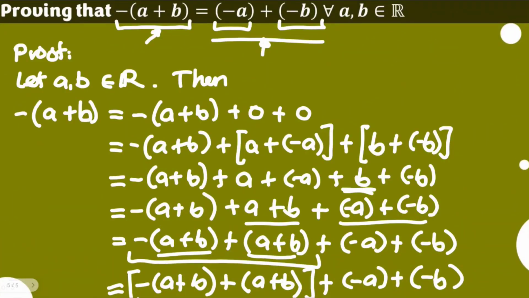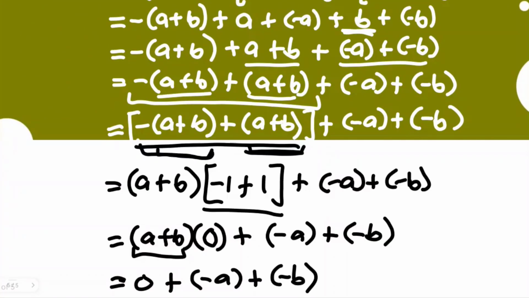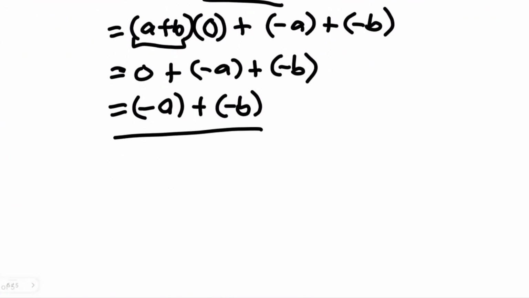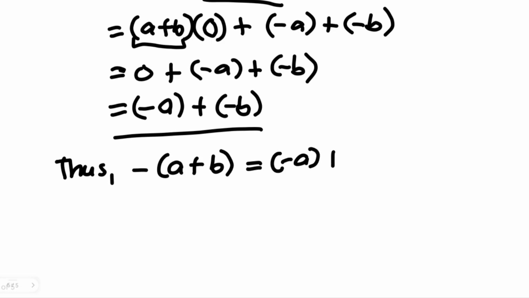Looking into our goal, that was what is stated earlier, showing that this left-hand side expression is equal to this form. Thus, we now have the proof that the negative of the sum of a plus b is equal to the sum of negative a and negative b.